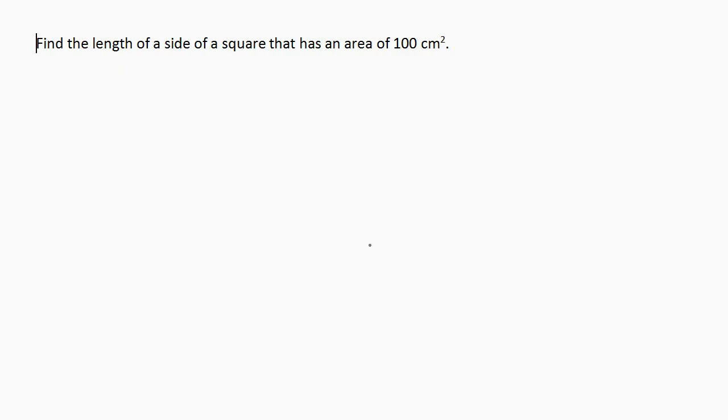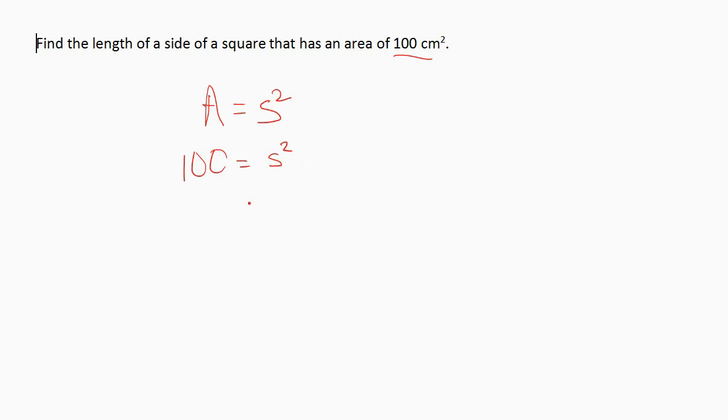Find the length of a side of a square that has an area of 100 centimeters squared. Well, again, we know that the area of a square is equal to its side length squared. And we know the area of this particular square is 100 square centimeters, so we can plug that in for the area. So 100 square centimeters is equal to some side length squared.